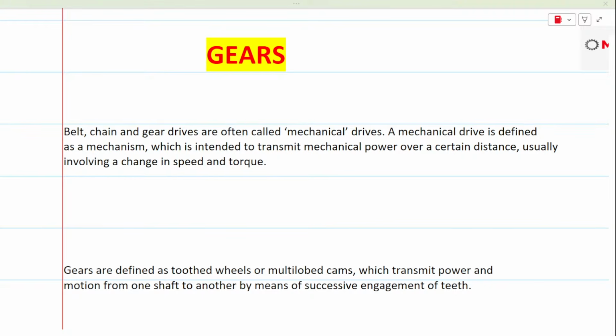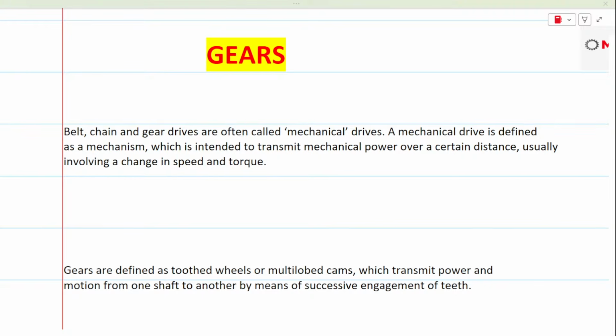Previously, we have seen the formula revision from the entire subject design of machine elements, and we have not gone into the details, especially for the topic gear and gear trains. So, today we dive into that topic and understand the terminologies related to gears.